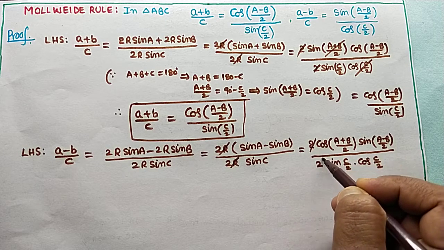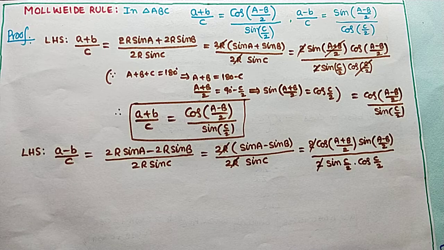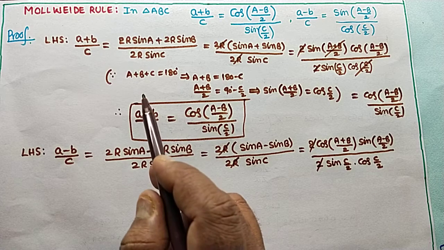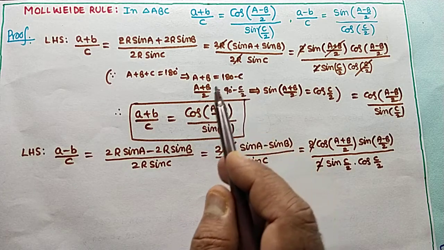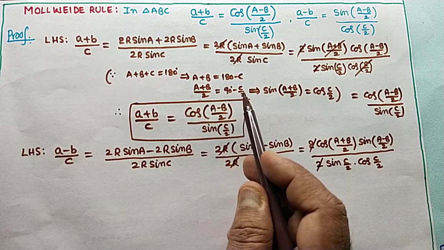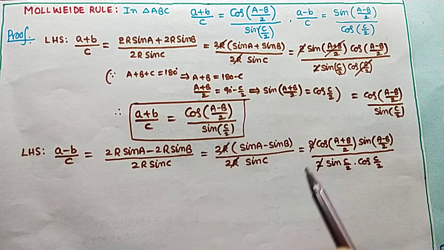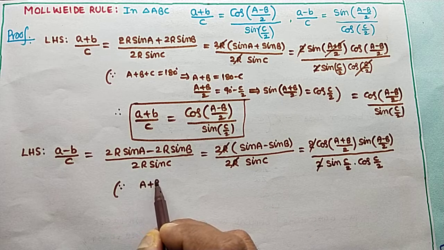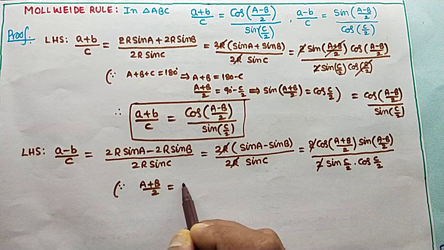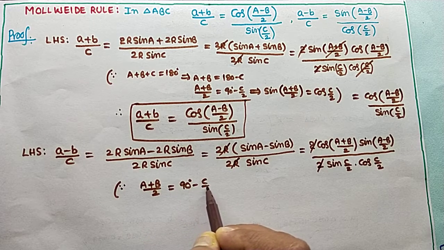So here 2 gets cancelled. And again A plus B plus C equals 180, so A plus B equals 180 minus C. So (A plus B) by 2 equals 90 minus C by 2.